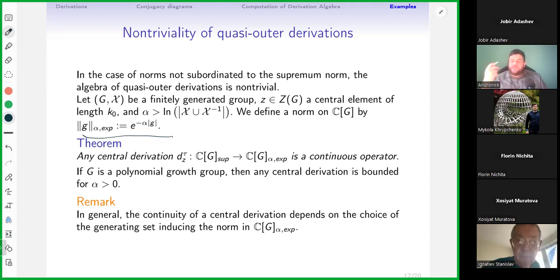For example, you can find inner derivations, quasi-inner derivations, outer, quasi-outer derivations, and so on.